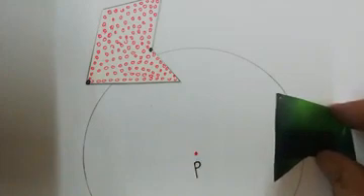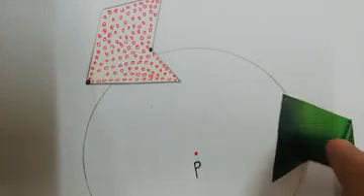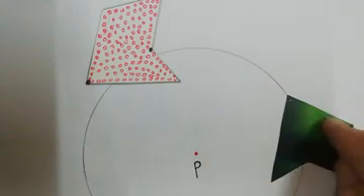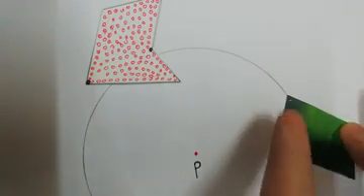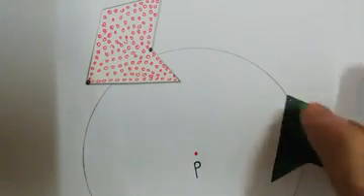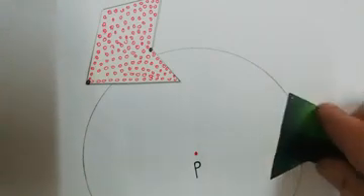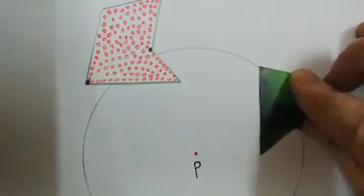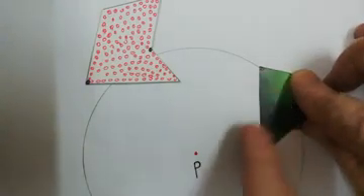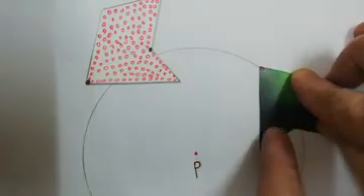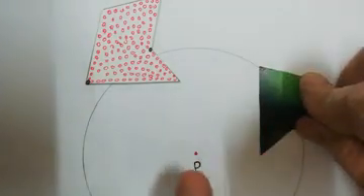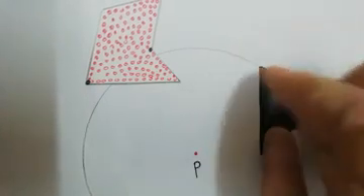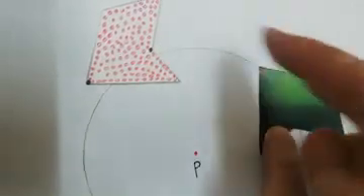If you have this shape and I want to start rotating it, I will keep these 2 points on the circle. Then I will start rotating. You have to keep the distances from all the vertices of this shape to the center of rotation, which is P. And you will move clockwise or counterclockwise.